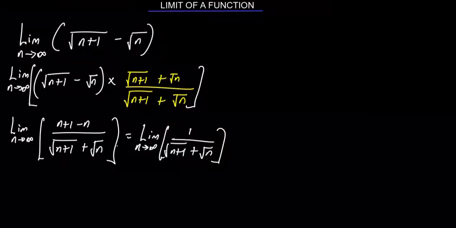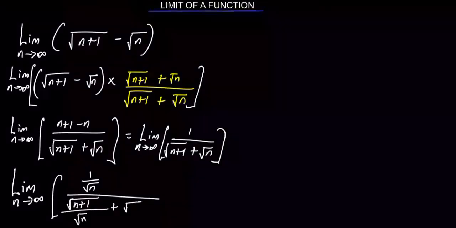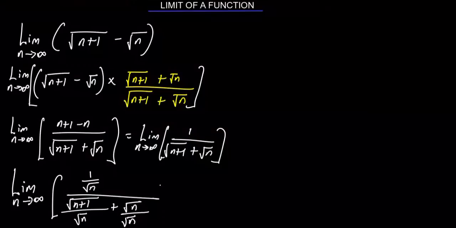So since we have this, what can we do? Observe, the highest power of n I have is square root of n. So let me divide each of the terms by square root of n. So observe, I'll be having the limit as n tends towards infinity of 1 over square root of n, then I have square root of n plus 1 all over square root of n plus square root of n all over square root of n.